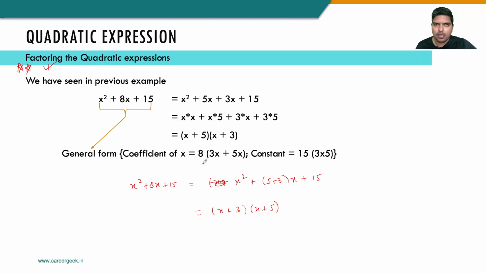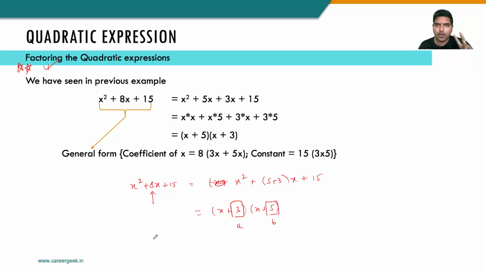Now, look at the correlation. The number here and the number here, if you add, you will get the coefficient of x. Okay, so I'll take, let's say, a and b.